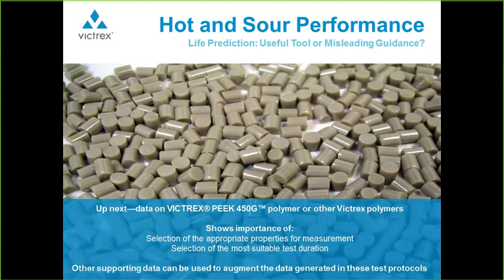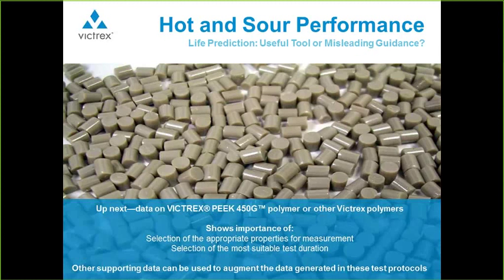So, in the following slides, I hope to be able to demonstrate to you how experimental data we've generated using these standards might provide either inconclusive or perhaps provide incorrect evidence of the polymer performance.